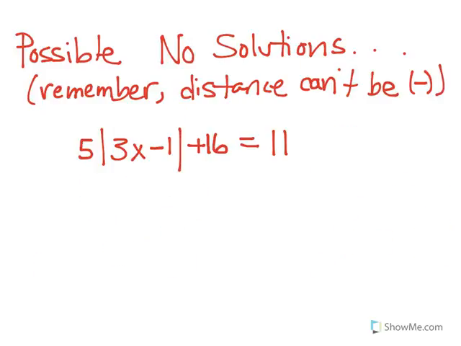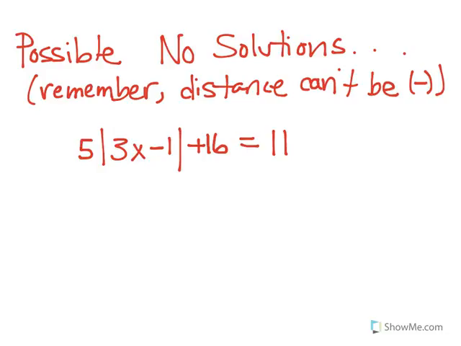Now, because we're dealing with absolute value, remember we do have a possibility of no solutions. Because it is a distance, you cannot have an absolute value that's equal to a negative. You don't have negative distances. So this example is an example of what a no solution would look like.